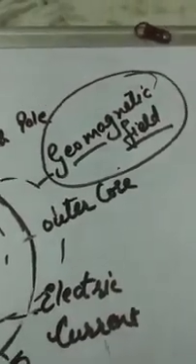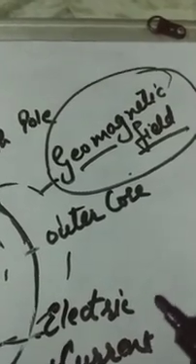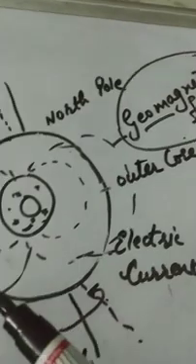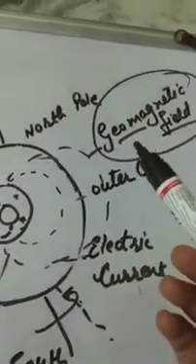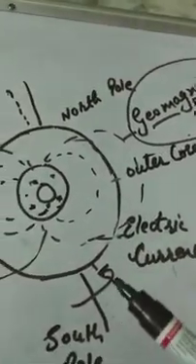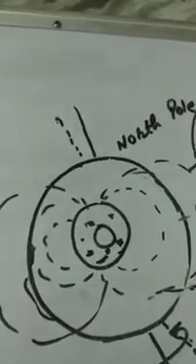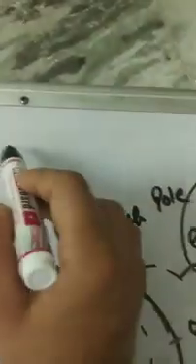Such a powerful geomagnetic field is developed by the earth. Earth's magnetic field, or geomagnetic field, is similar to a bar magnet. Like a bar magnet, this one.